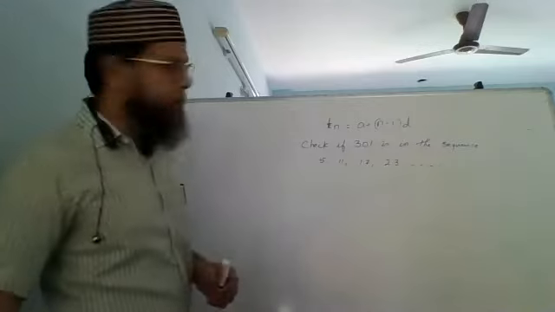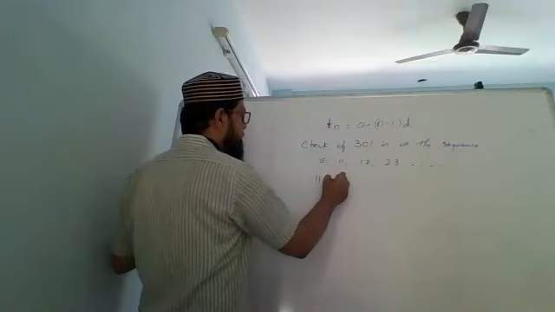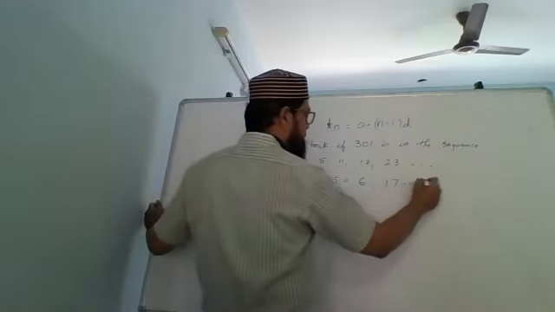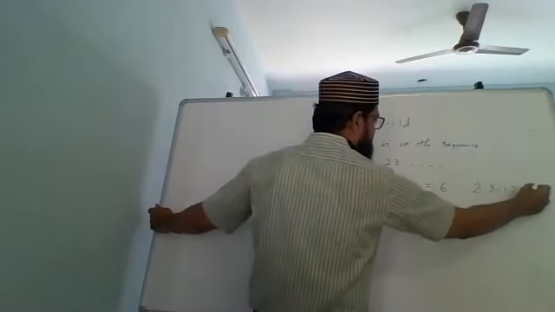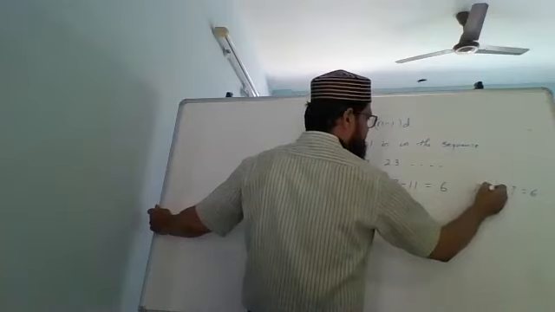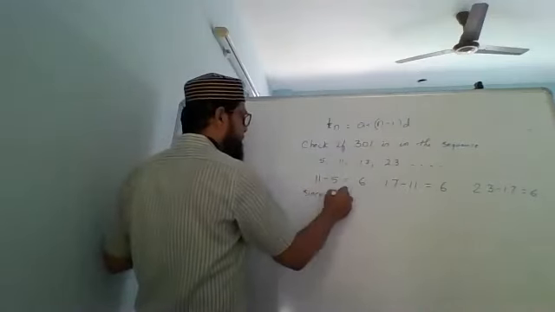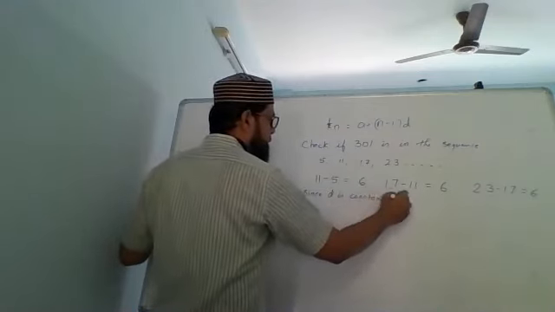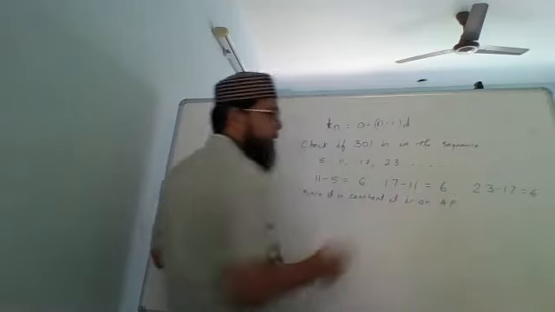So to check, I'll have 11 minus 5, which is 6, 17 minus 11, which is 6, 23 minus 17, which is also 6. So since d is constant, it is an AP.